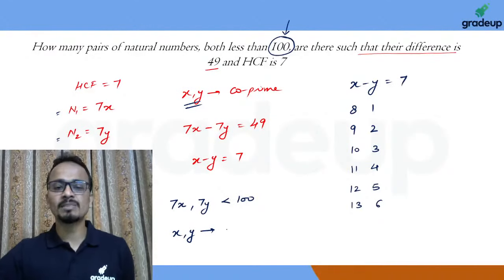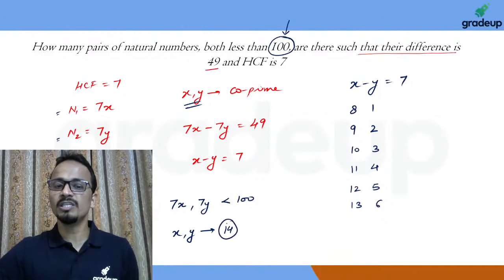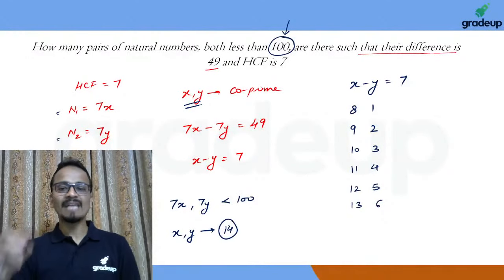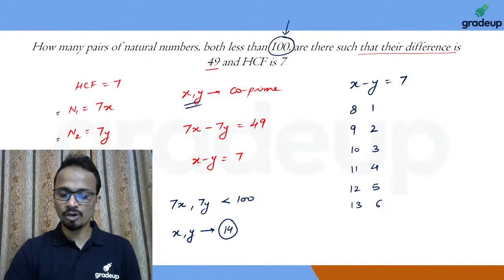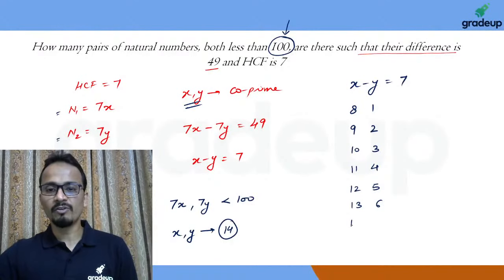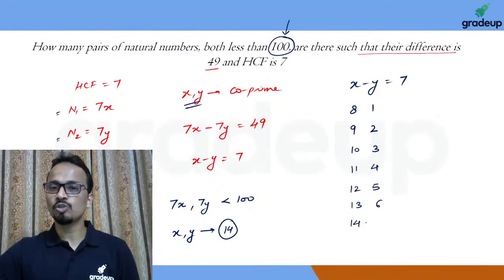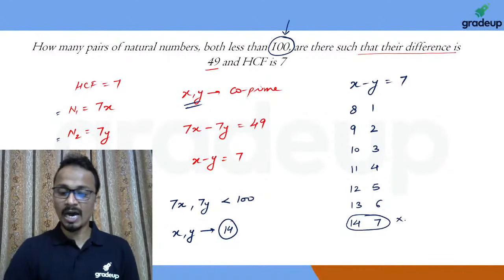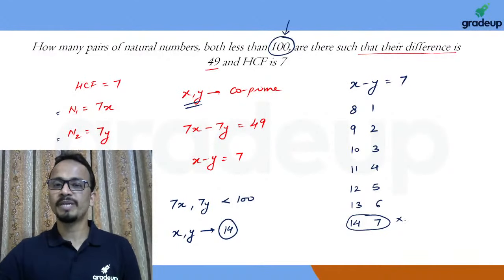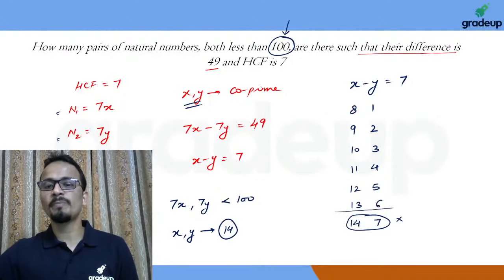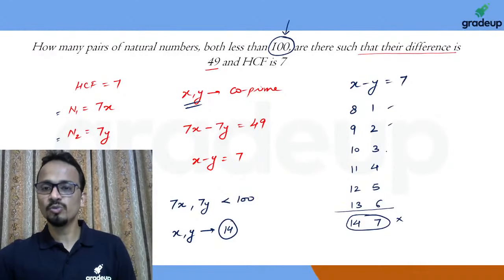X and y का maximum value कितना हो सकता है? 14. Okay. So 14 can be the maximum value of either of x or y. All right. So if I write 14, yes, I have reached the maximum value, and y is 7. But in this case, x and y are not co-prime with respect to each other. So I'll stop here. So 1, 2, 3, 4, 5, 6.